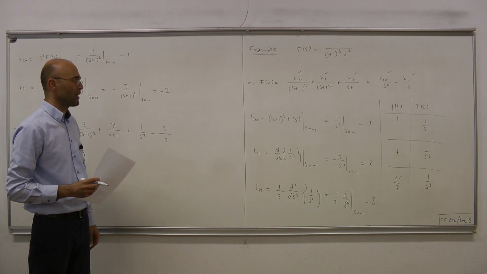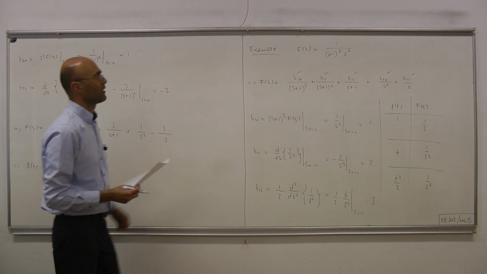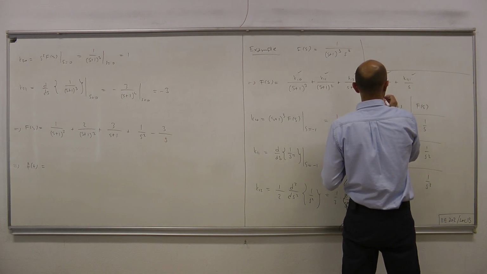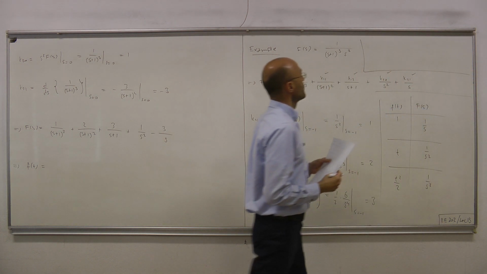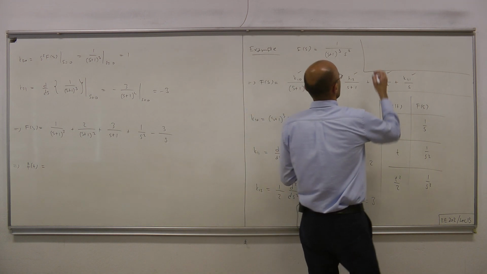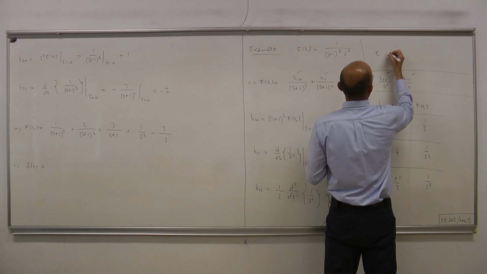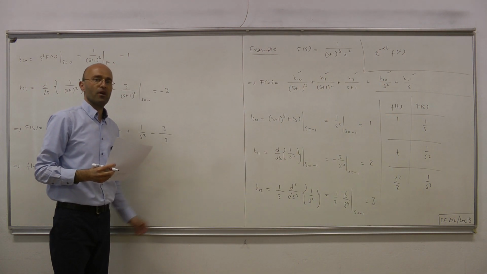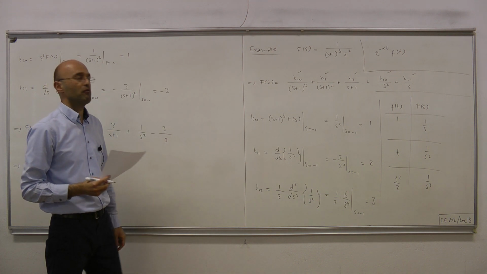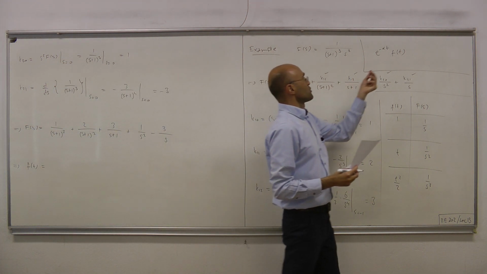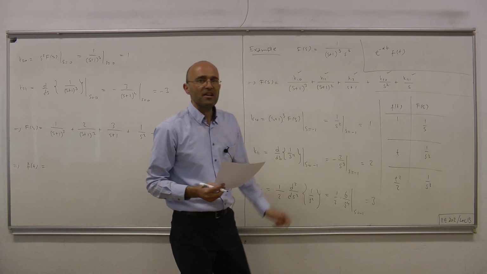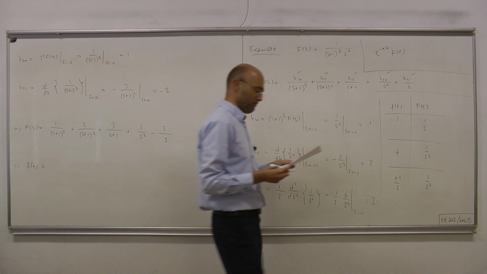Okay, and furthermore we have the following property. If you know the Laplace transform of some signal f of t, okay, if you know f of s corresponding to f of t, then the Laplace transform corresponding to e to the minus alpha t times f of t simply is f of s plus alpha.